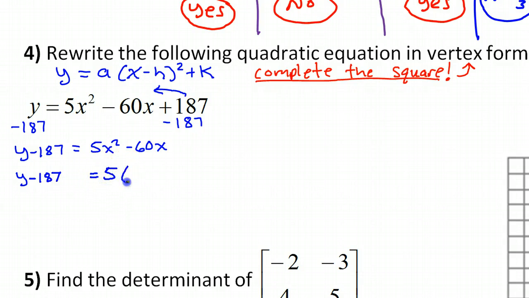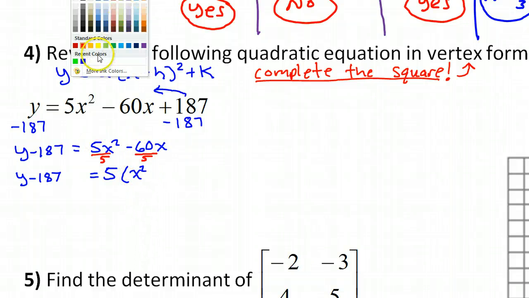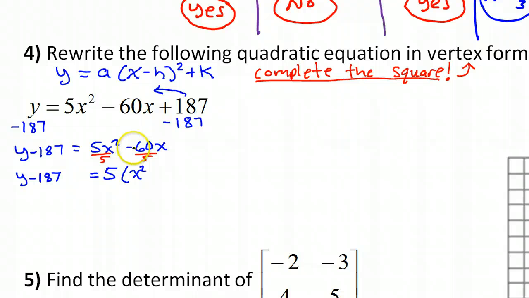To understand what I'm putting here, if I factor out a 5, that means I'm going to divide by 5. That tells me what goes in here. So these 5's canceled out. That's why I just have x squared in there. But then 60 divided by 5 is 12. So I'm going to have minus 12x in there, and leave a space to complete the square.